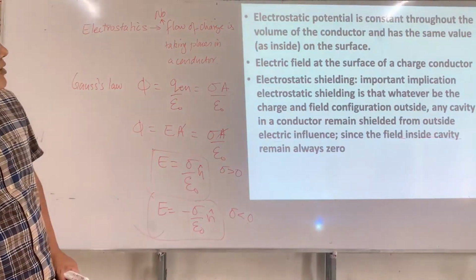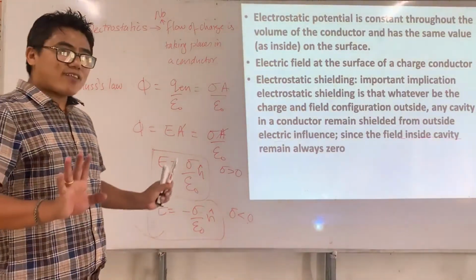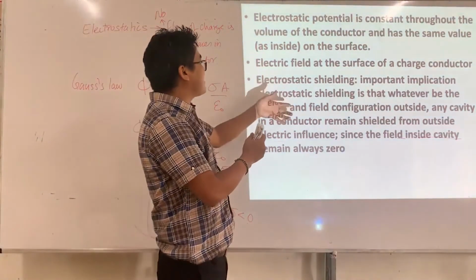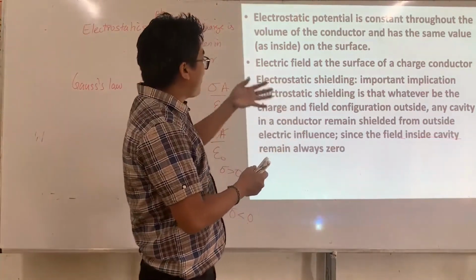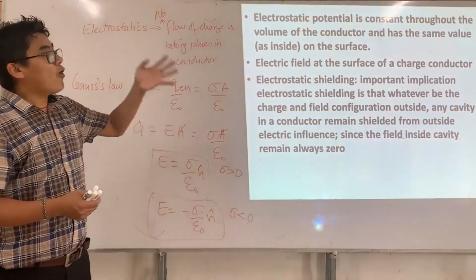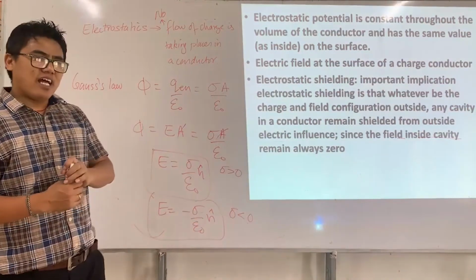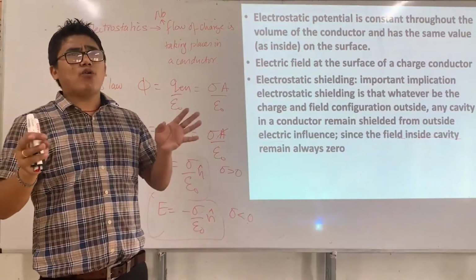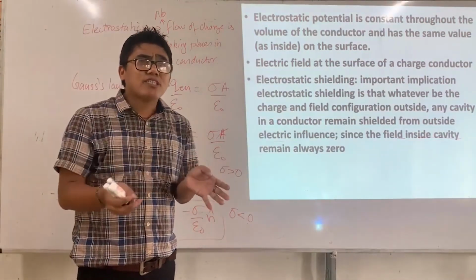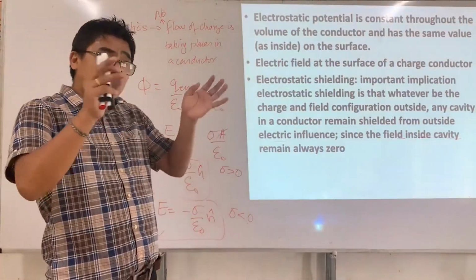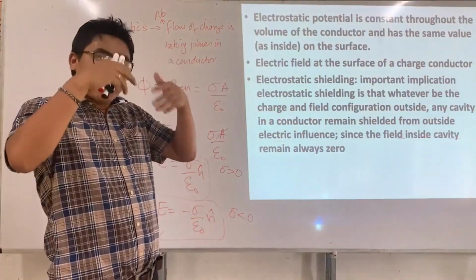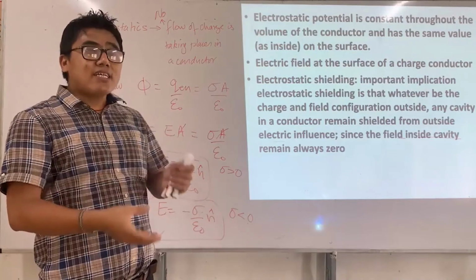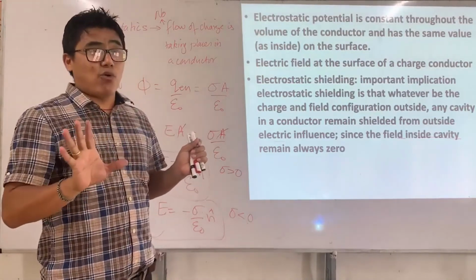Last is electrostatic shielding. This is the application or implication of all 5 properties, and all 5 properties talk about an electrostatic conductor under electrostatic situations. In an electrostatic conductor, the electric field inside the conductor is 0.